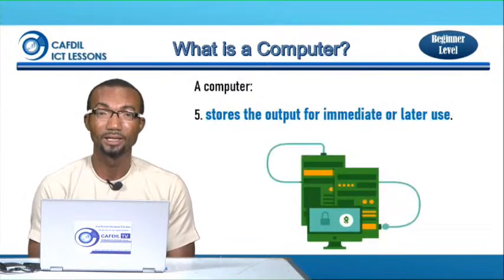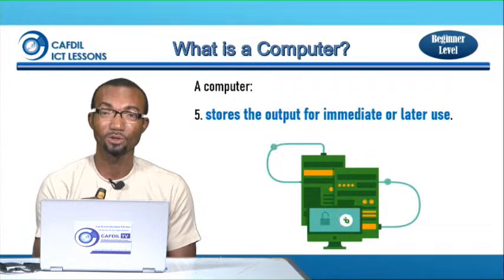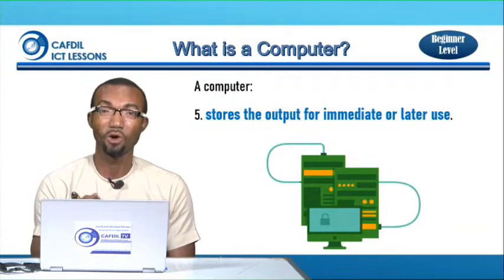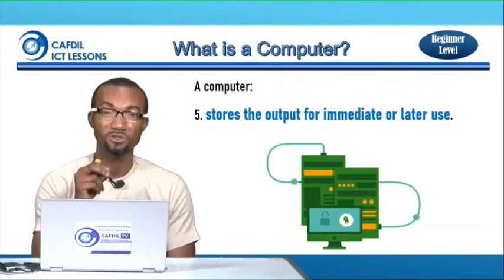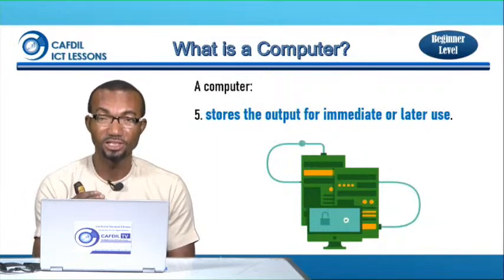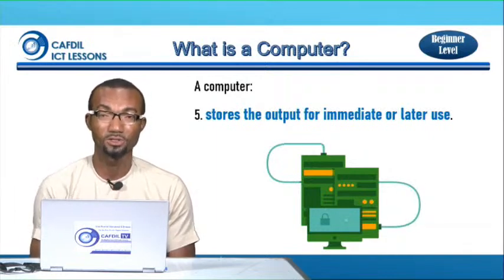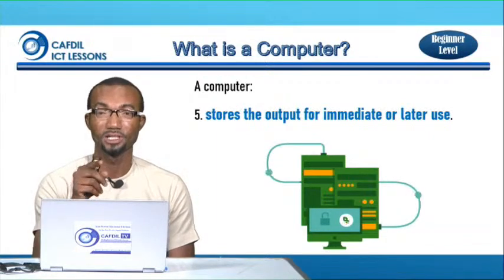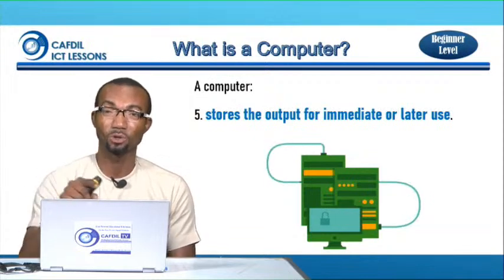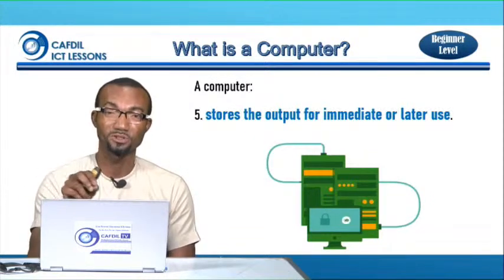And then the next one is that it stores the output for immediate or later use. A computer stores the output for immediate or later use. As you see on the screen, data is being stored.